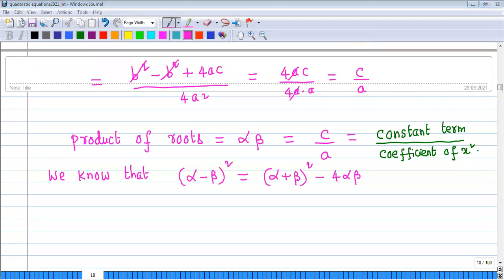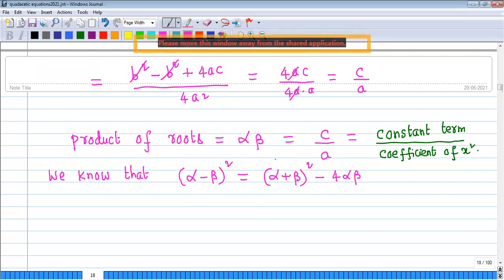If you just expand alpha plus beta whole square, then subtract 4 alpha beta, you get alpha square minus 2 alpha beta plus beta square, whose value is equal to alpha minus beta whole square only. So now we know alpha plus beta. What is the value of alpha plus beta? Just we derived: alpha plus beta is equal to minus b by a. What is alpha beta? Just we derived, this is c by a. Substitute here.